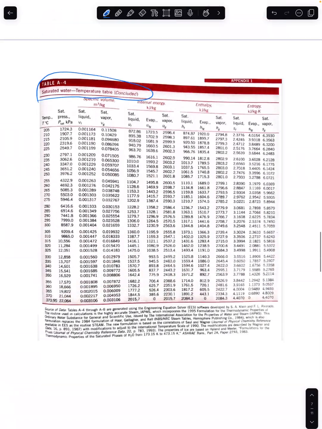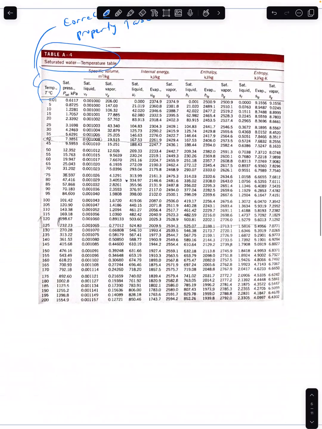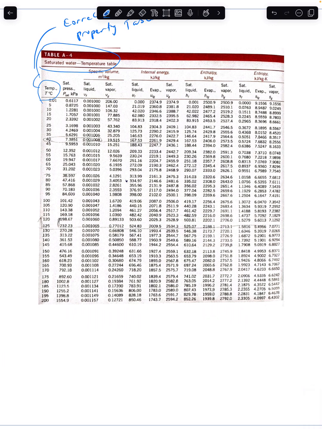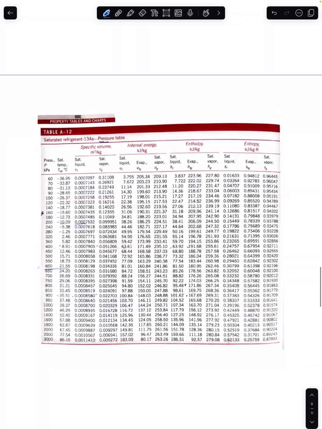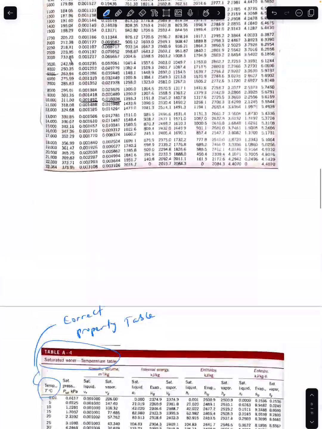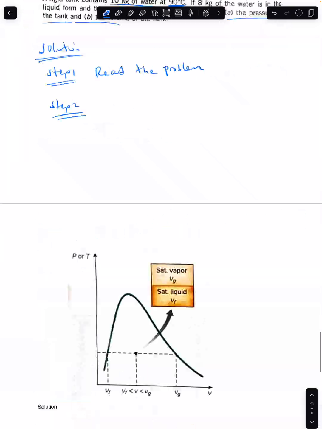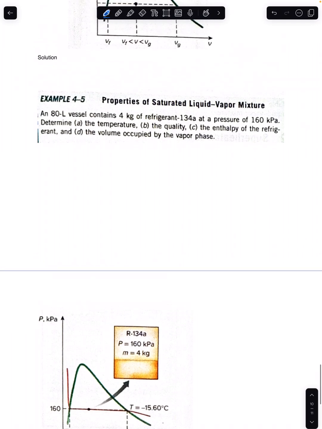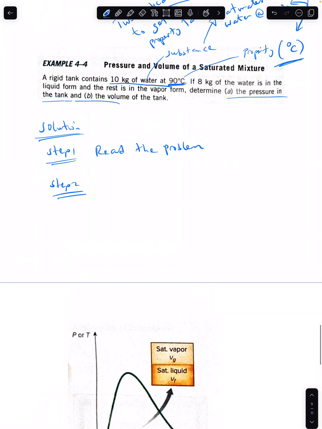So I look for 90 degrees Celsius. This is 90 degrees Celsius, so I already have seen 90 degrees Celsius. Now let us look at the question. So we've gotten the correct property table.